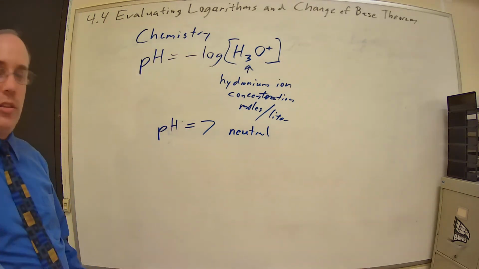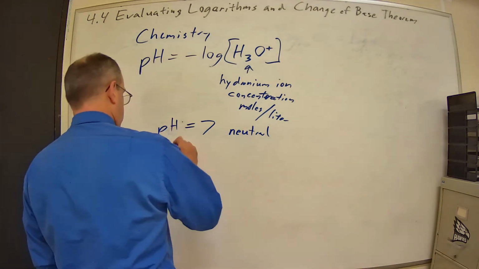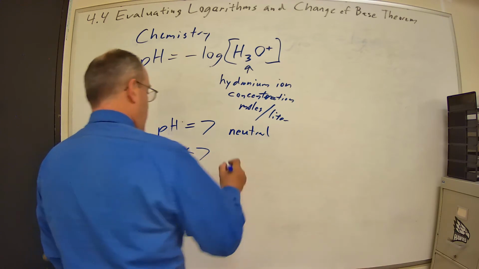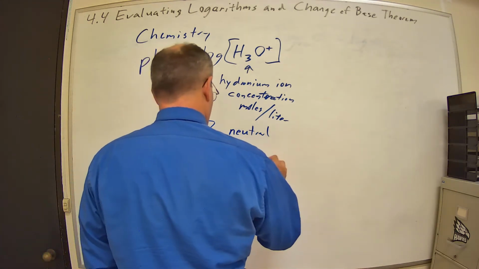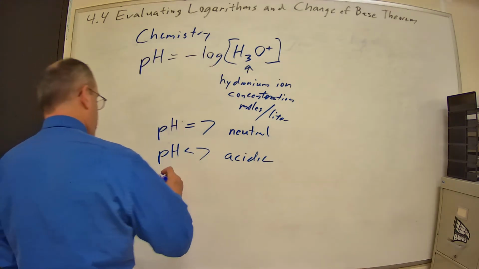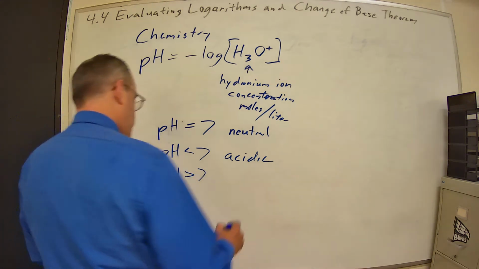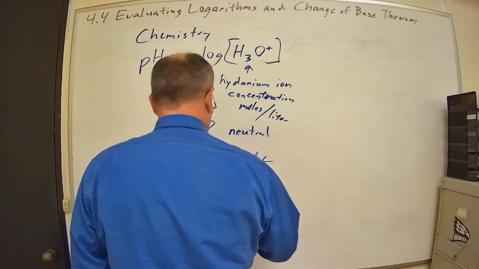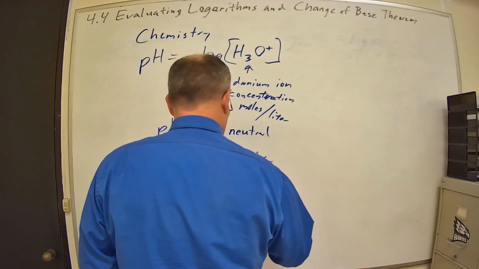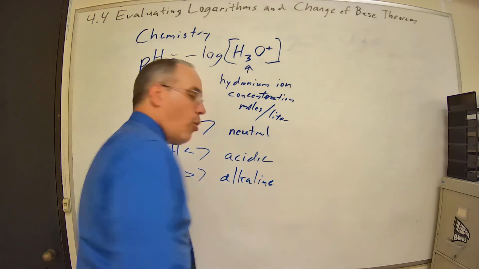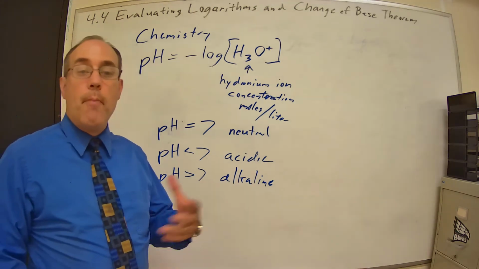A pH less than 7 is acidic, and a pH greater than 7 is considered to be alkaline, or sometimes we refer to that as being basic.